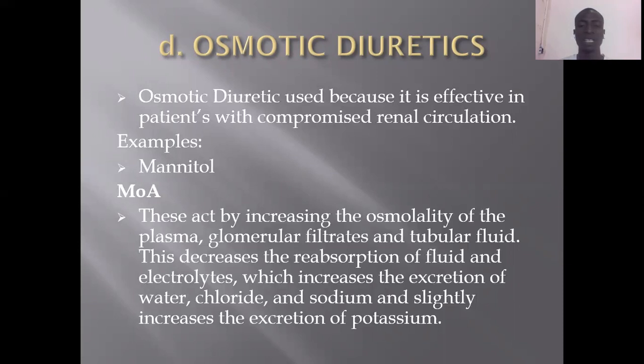This acts by increasing the osmolarity of the plasma and also the glomerular filtration and tubular fluids. This decreases the reabsorption of fluids and electrolytes, which increases the excretion of water, chloride, and sodium, and tries to increase the excretion of potassium. So that's how these drugs work.